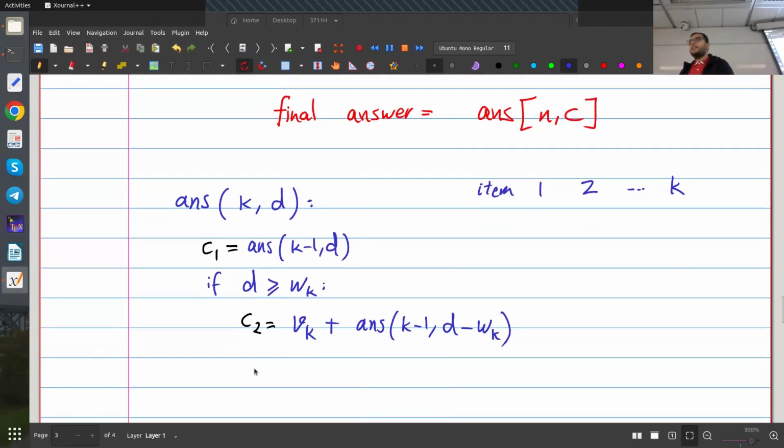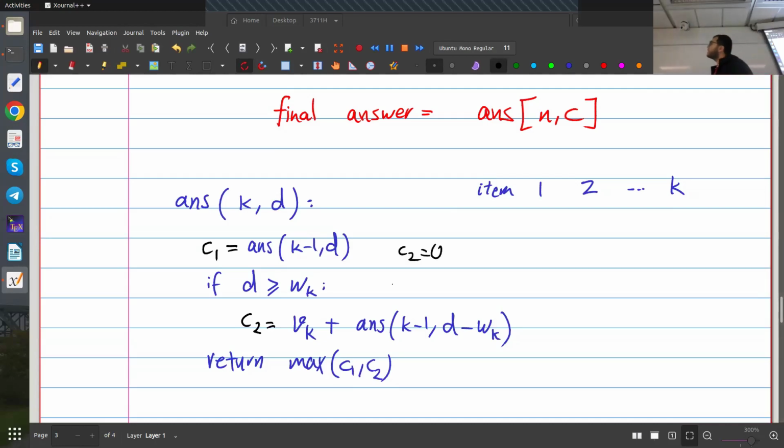These were the two cases that I had. And of course, I want to do the optimal thing, so I want to take the maximum of these two. So I'm just going to say here, return the maximum of C1 and C2. And by the way, before this if, I'm assuming that C2 is 0, okay?